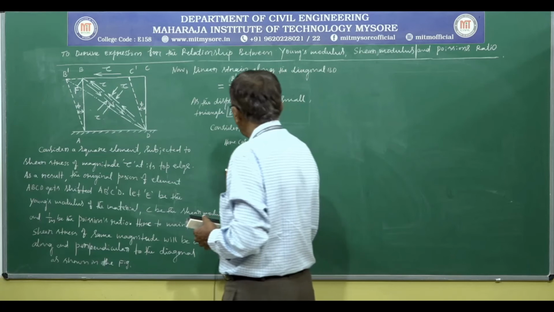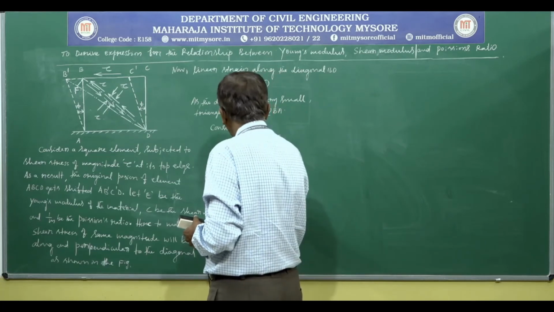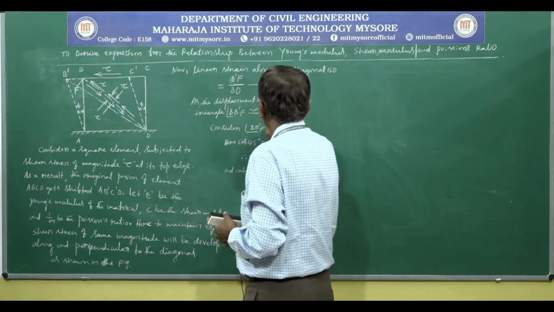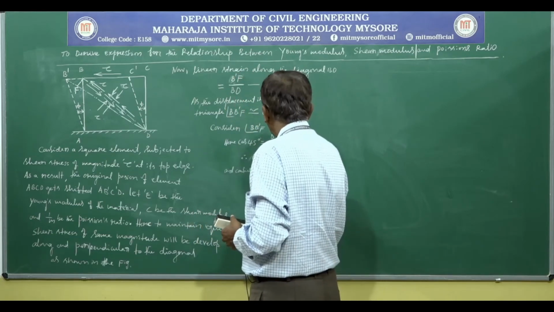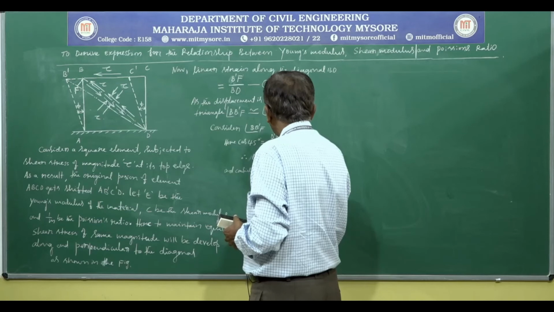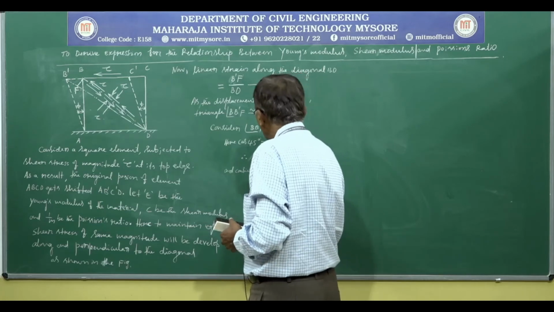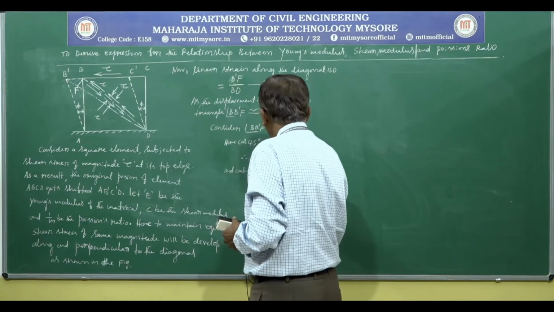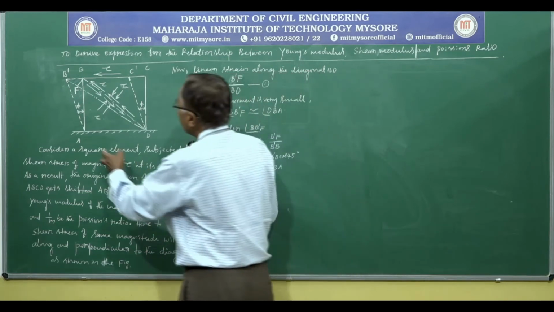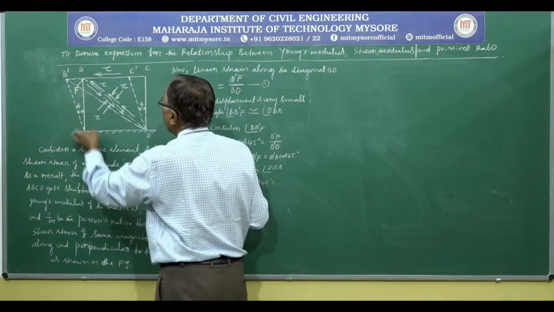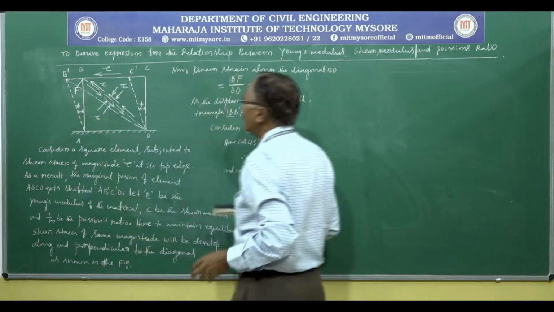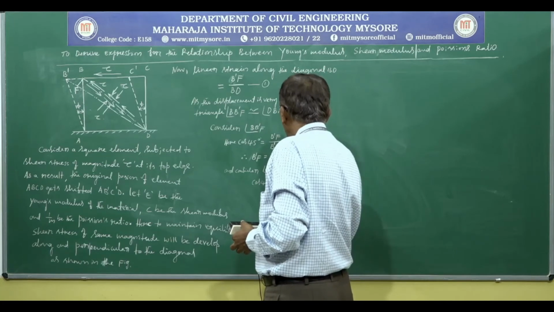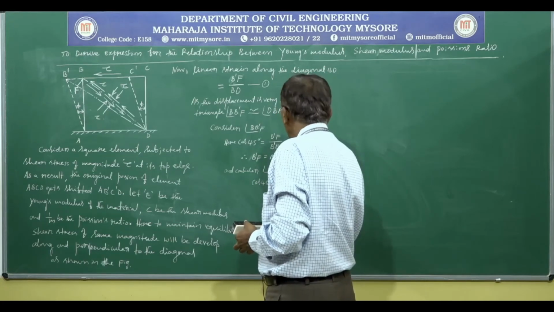Now consider angle DBA. Again here, if you consider triangle ABD or DBA, cos 45 is equal to adjacent, which is the AB side, divided by BD.